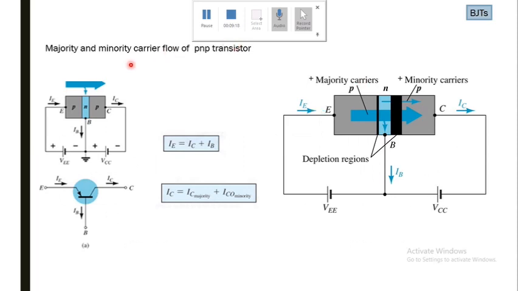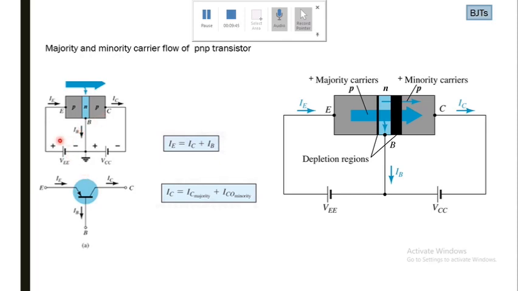Now we have to look at the overall flow of majority and minority carriers for the PNP transistor. In this diagram we have shown both sources which we need to bias this transistor to make it operate in the amplification range.